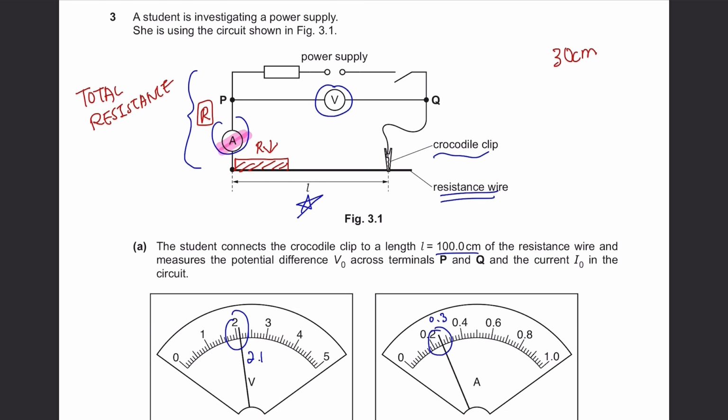Which brings us to a point that the resistance of the ammeter, although small, will still have a bigger effect on the resistance wire. Let's say you have a 70 cm resistance wire.